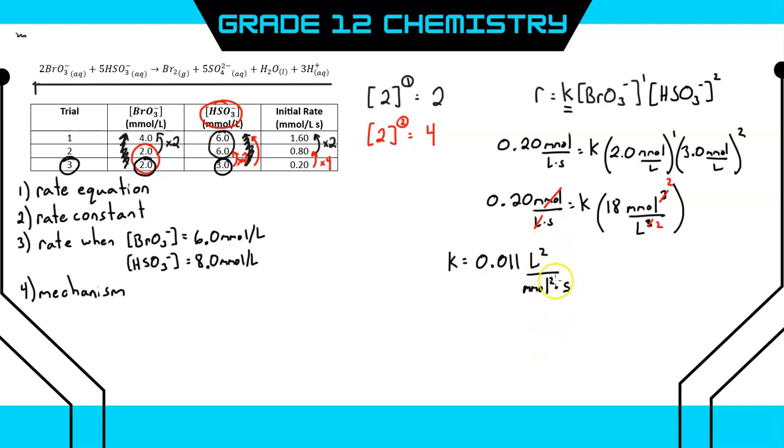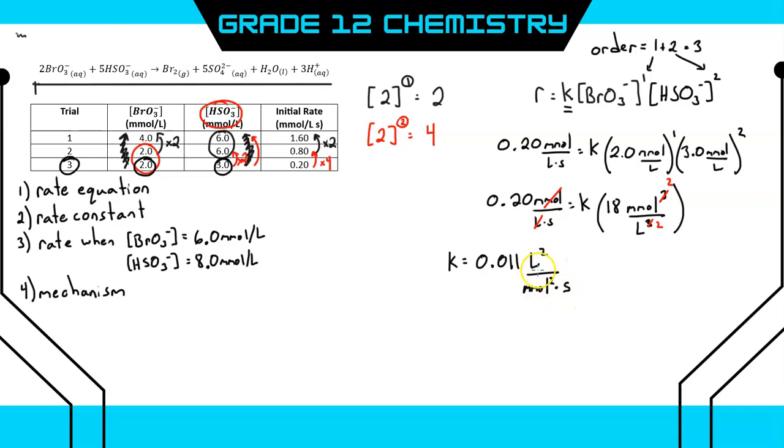That's going to be our typical units for this order. So the order of this reaction, we look at our rate and we look at the exponents. So we have 1 plus 2 equals 3. The proportionality constant has pretty messed up units, but it's always going to be liters to the power of something over millimoles to the power of something times seconds.